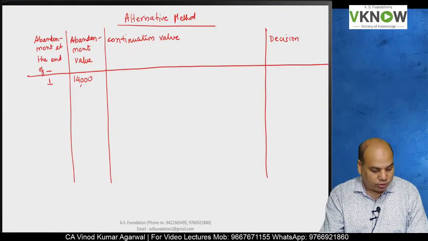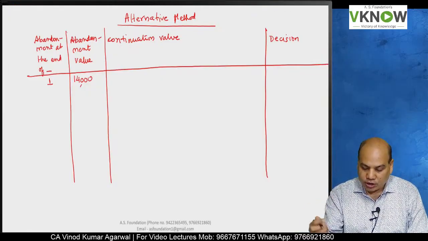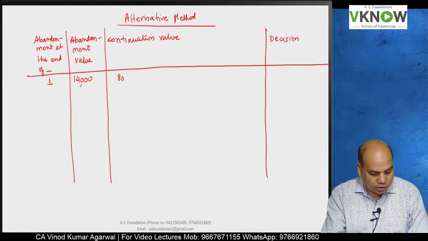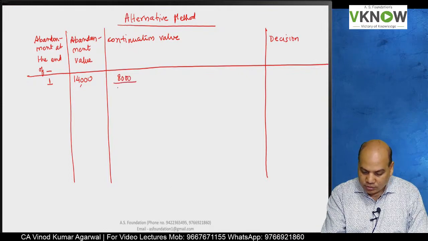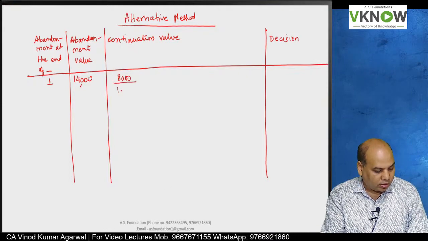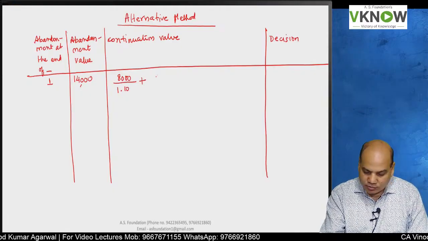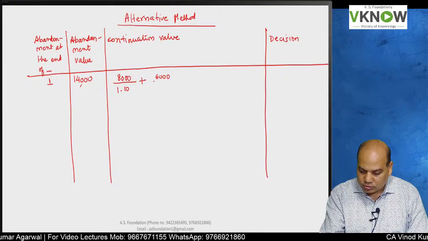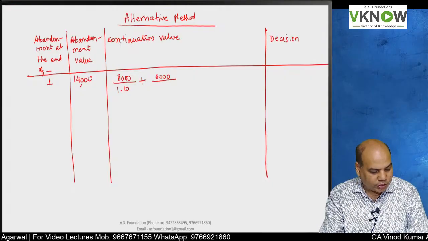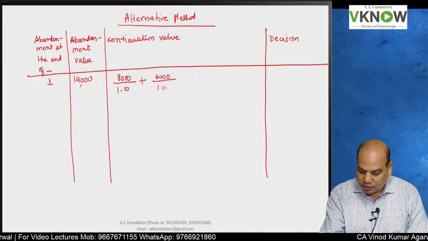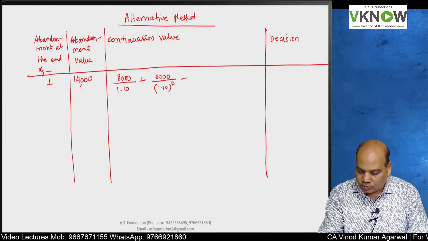But if you continue, you will get future cash flows. 8,000 divided by 1.10 plus 6,000 divided by 1.10 to the power 2, because 1 year is over.